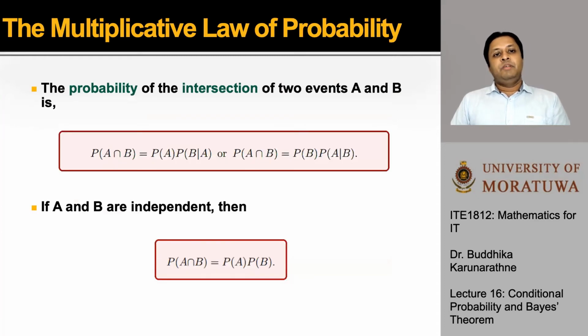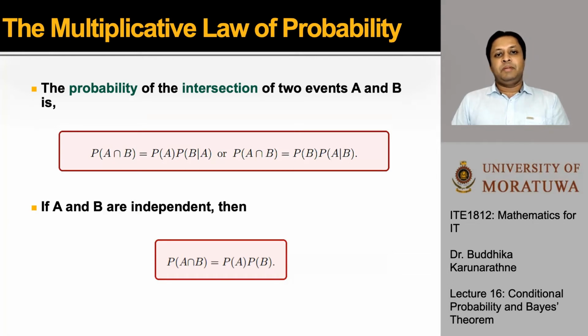So now with that, we move on to the multiplicative law of probability. So let's try to understand what this is. The probability of the intersection of 2 events, A and B, right? So P(A intersection B) is equal to P(A) times P(B given A). Or in other words, we can write the other way, P(A intersection B) is equal to P(B) times P(A given B).